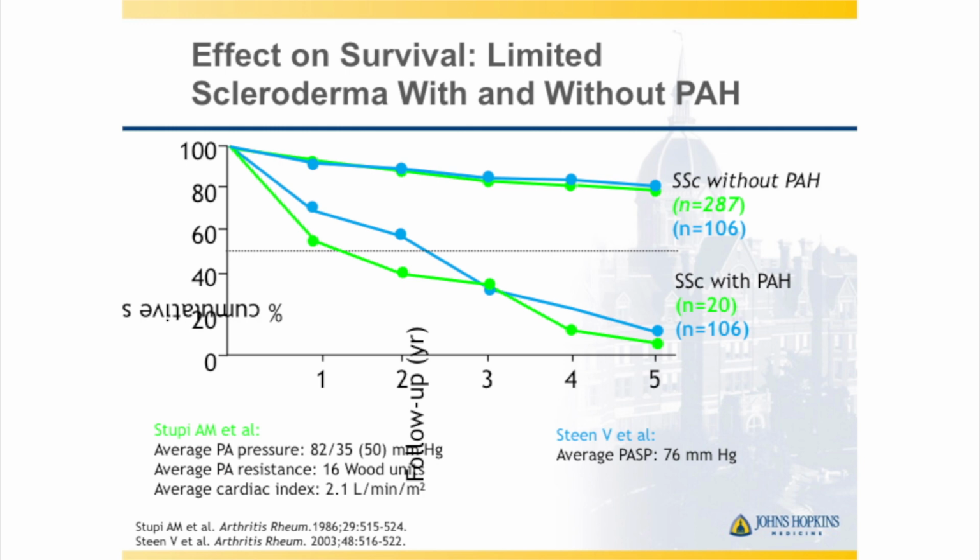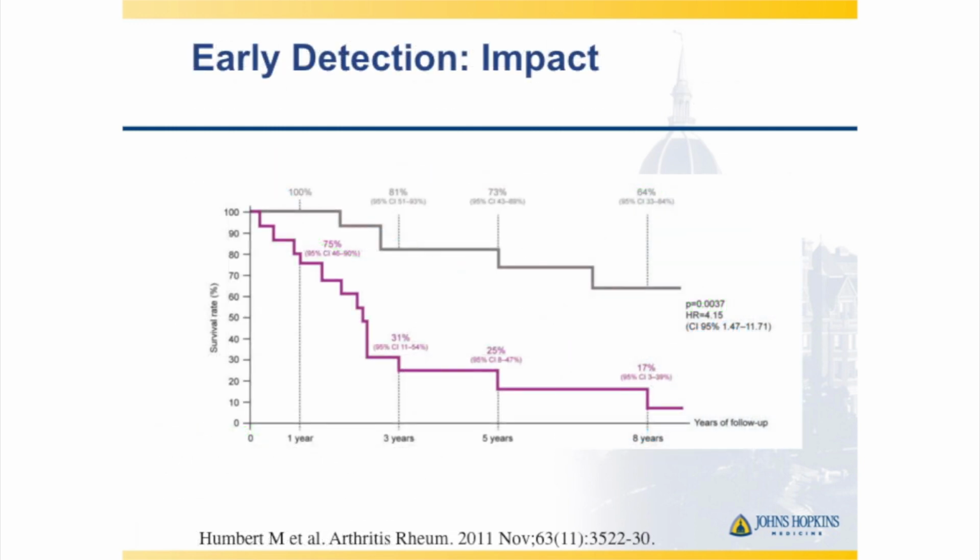We know that pulmonary hypertension within scleroderma is a significant predictor of survival. Now this data is a little bit old, and this is an area that's changing, but it suggests that if people develop pulmonary hypertension, it's significant. But what I want to focus on is this study that came out of France that suggested that if we put patients on a regimen of aggressive screening for pulmonary hypertension, which usually means they get identified earlier and on therapy faster, this really improves how well somebody does.